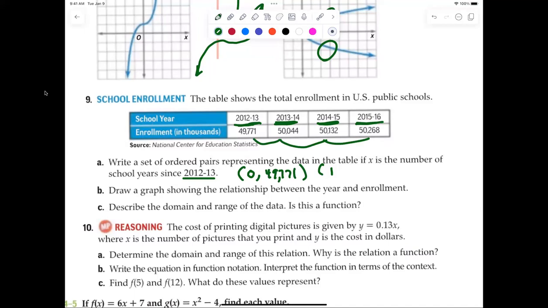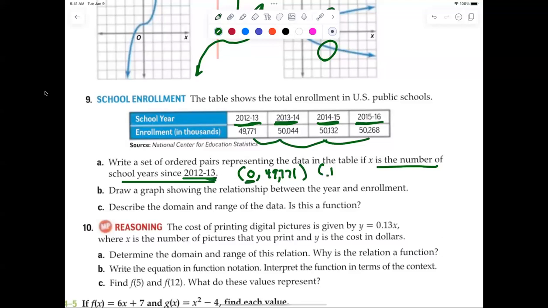Because in the direction it says X is the number of school years since 2012, 2013. You have to read it. We're not going to put a bunch of numbers there. I want a coordinate. I can't graph 2012 and 2013. That's an X coordinate. The X coordinate is going to be 0.